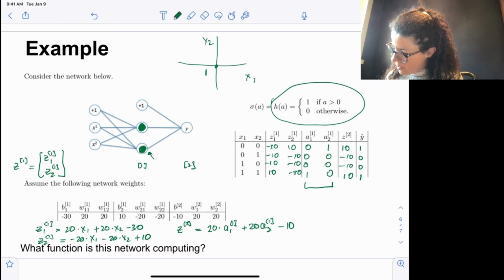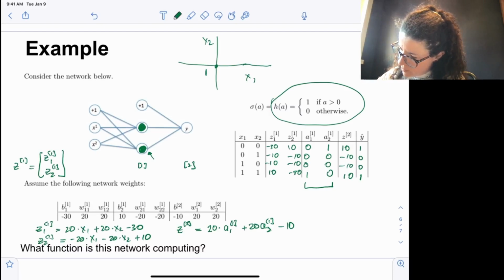Then in 0, 1, we're getting a label of 0.